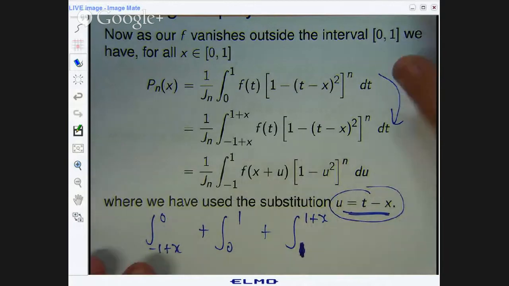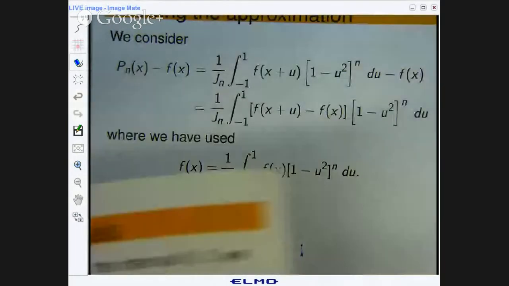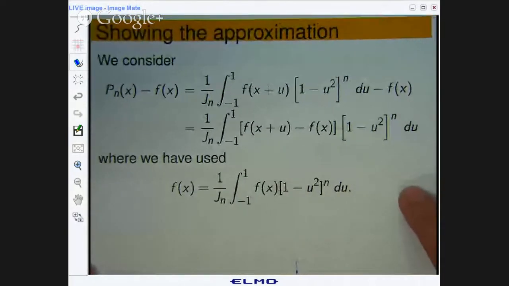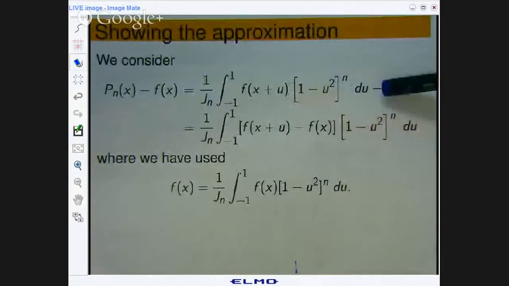All right, so we've refined our polynomial a little bit more. What do we do now? Well, let's actually show the approximation. So let's look at this difference. It's this minus that.